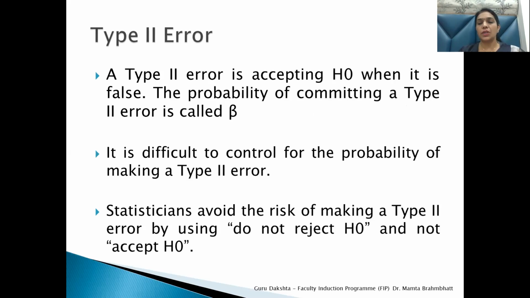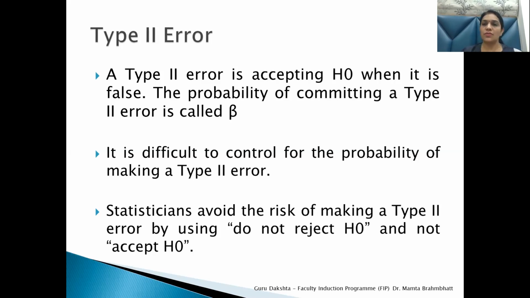It is difficult to control the probability of making a type 2 error. And that's why statisticians avoid the risk of making a type 2 error. They say do not reject H0, not accept. So you will never find any book of statisticians saying accept the alternative hypothesis.